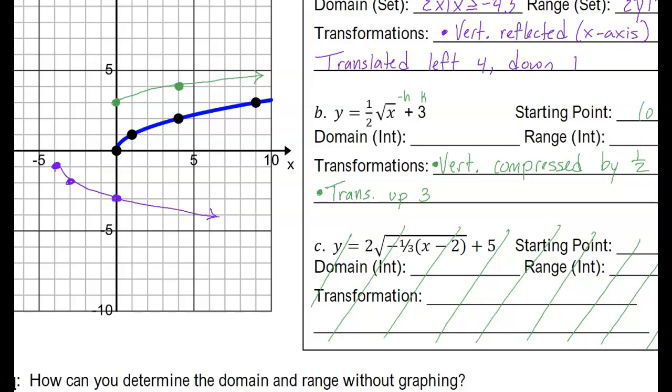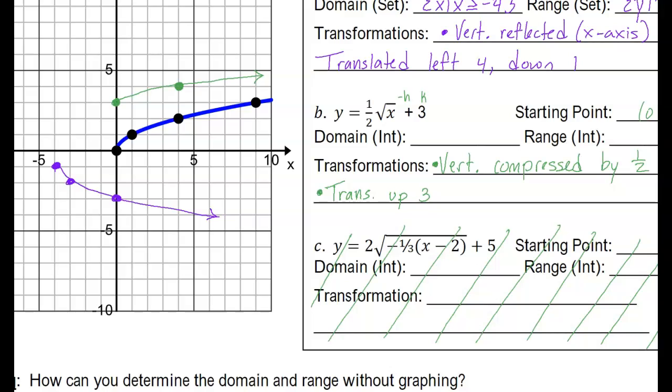Okay, so what is our domain in interval notation? In my head I always think of domain and range as intervals because I like to ask myself, what is our least x value? What's our lowest x value for the green line that we just graphed? 0.